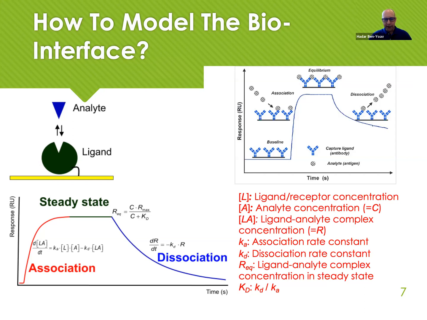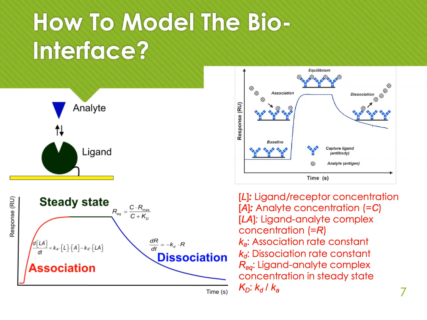The rate changes when we have the association part. We have Ka, the association rate constant, times the concentrations of the ligand and the analyte, because this is the rate of generation of the complex LA, minus Kd, the dissociation rate constant, times the complex. Remember that although there is binding, some complexes dissociate back. That's why we have a minus, and we have Kd times LA.